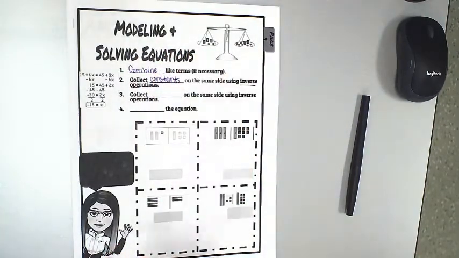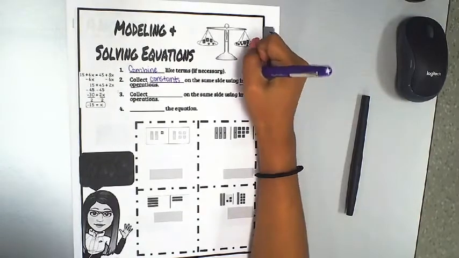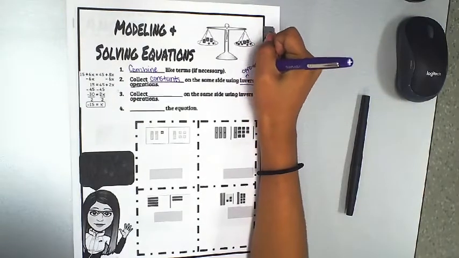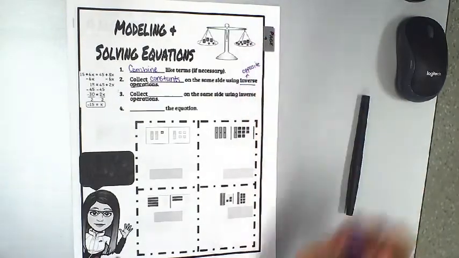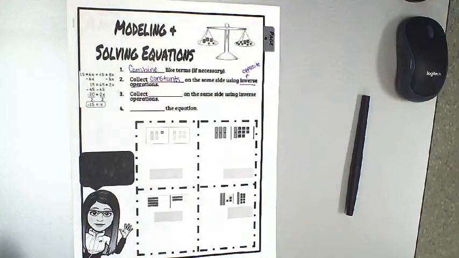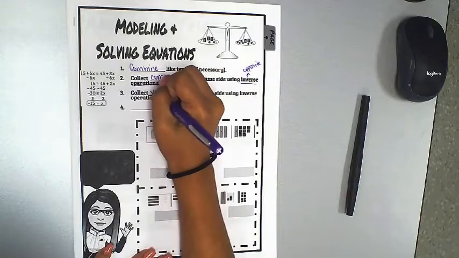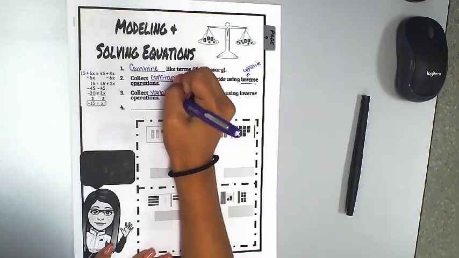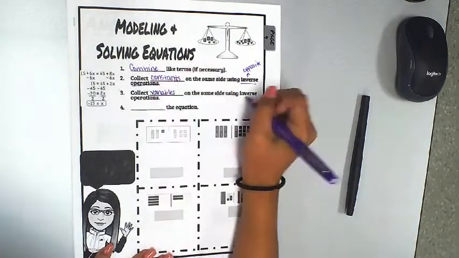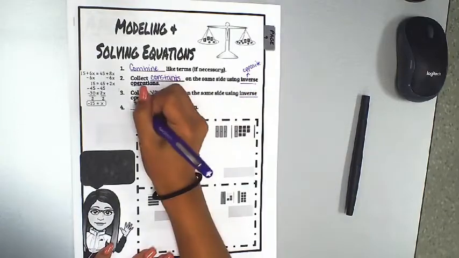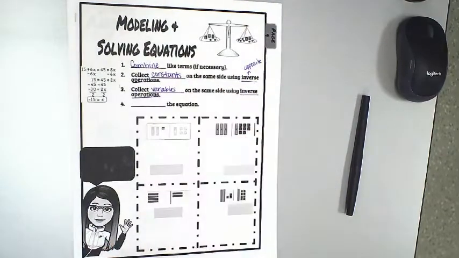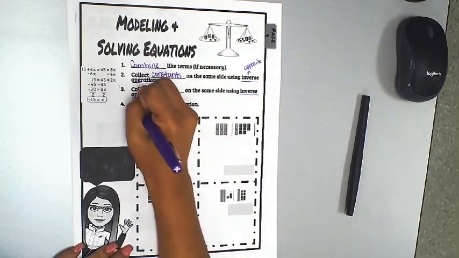Okay, inverse, remember, of course, means the opposite. Then after we collect the constants on one side, we are going to collect the variables on one side. Also, we're going to be using the inverse operations. And then finally, we are going to solve the equation.